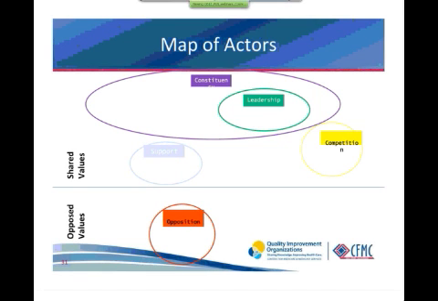And then we take it to the community and ask them to fill in the blanks, like who's missing from this picture, who's missing from your group, who should be at the table, and who should you schedule a one-on-one with to get them involved. And it's just a nice visual reminder. It has them think about who is the competition, who are the sources, and maybe some opposition. Truly, we don't have that many, because not too many people want to vocally say they're opposed to improving care transitions.